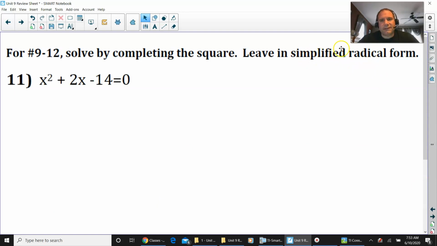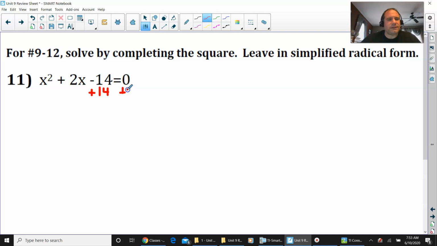I am going to leave it in simplified radical form. I am not going to round anymore, because that's what the directions are saying, and that's what we should do if the directions say. So remember, you always have to get this over to that right hand side.